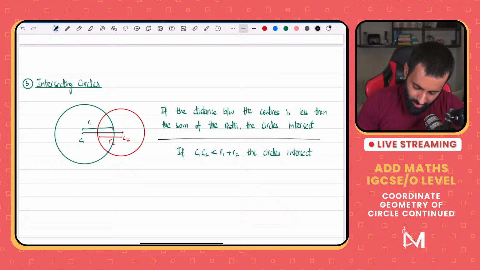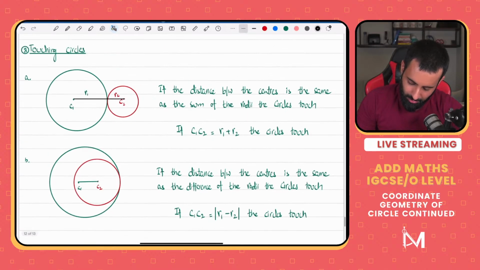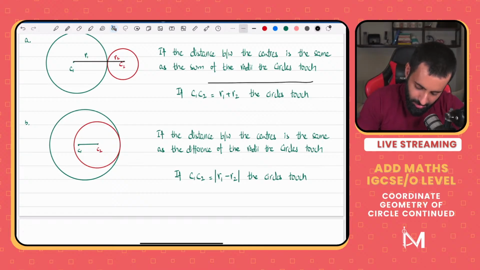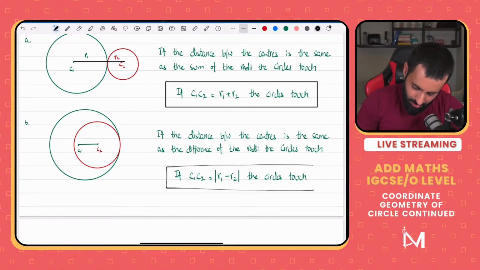Now, these are your important parts. If you want to sit down and memorize, this is what you should memorize: this, and the two rules above.